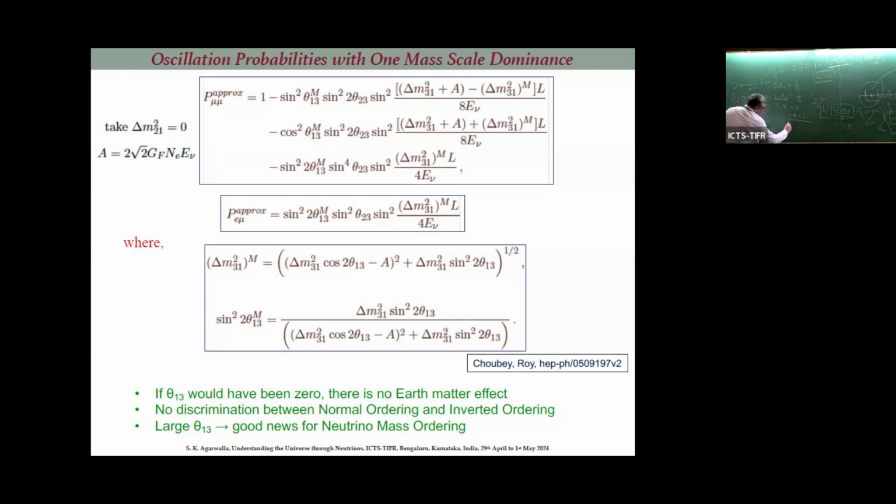If delta m square 31 L by E is much larger than delta m square 21 L by E. So if you work with such L by E values that this quantity is larger than this quantity, because you know delta m square 31 is 30 times larger than this, right? So if you work in this regime, then you can drop the terms which come with the solar frequency. You can drop this. So you are again going back to something like two flavor, but you are dropping one frequency from the expression.